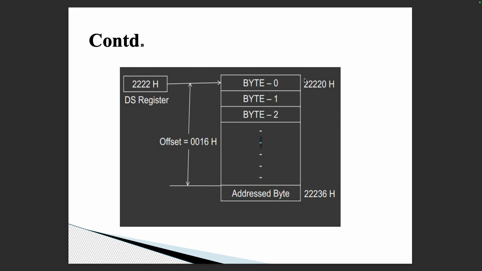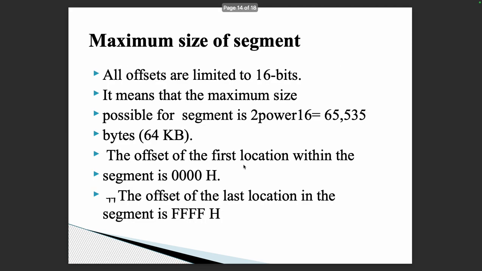That is 5 digits. So how I will do it is, I will multiply this with 10h and then add the offset to get 22236. Right?